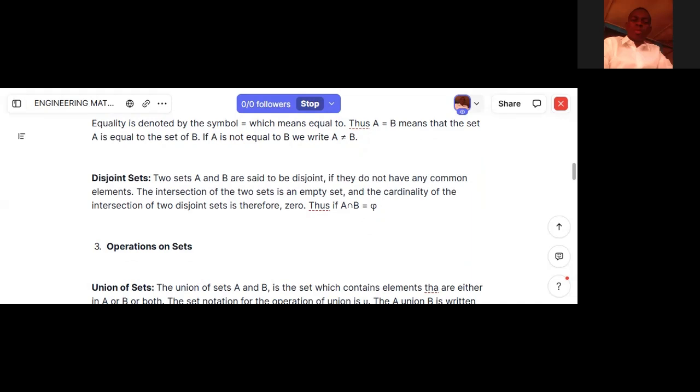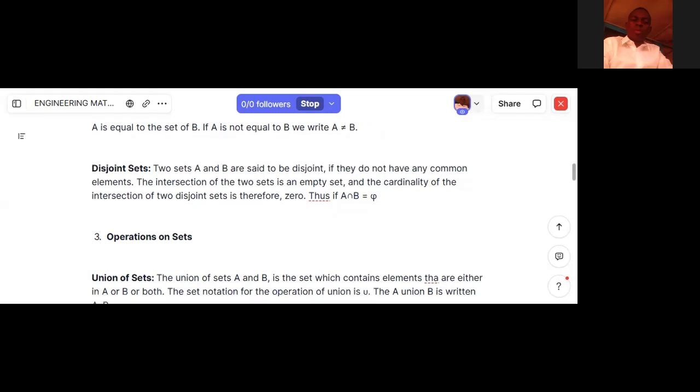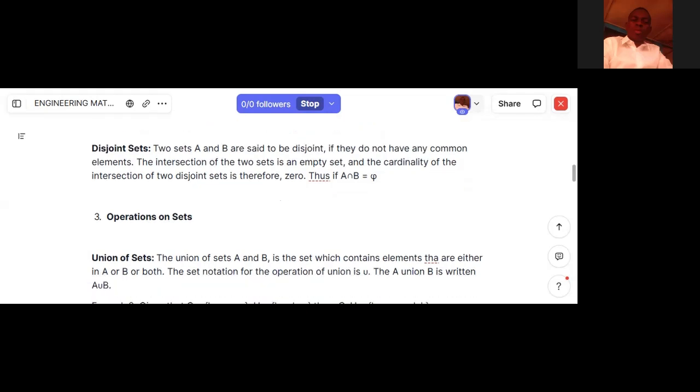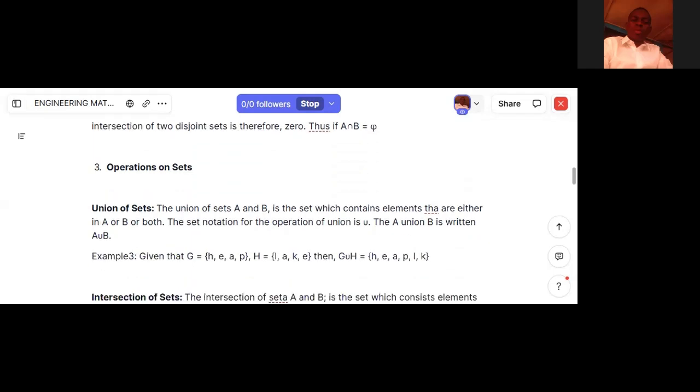Right now we have disjoint sets. Two sets A and B are said to be disjoint if they have no elements in common. There's no element in set A, for instance, that is found in set B, and no element in set B that is found in set A. We can also say that sets A and B are disjoint if the intersection between these sets is a null set, meaning there is no intersection between them.